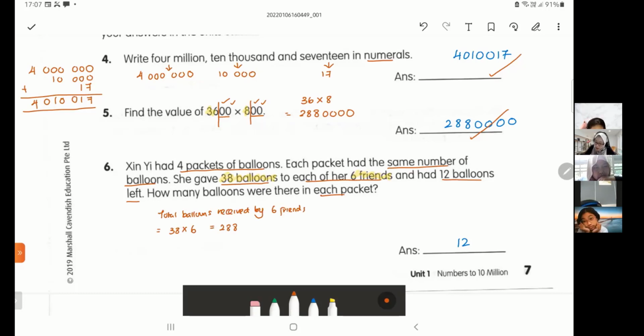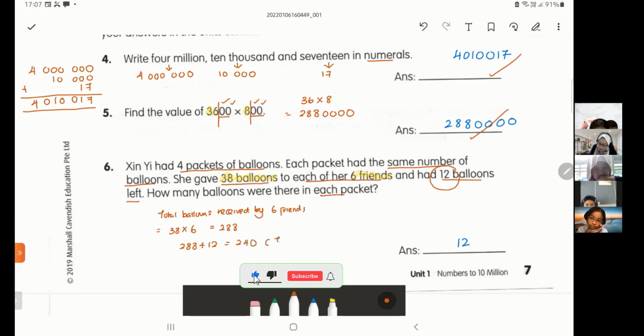Okay, but you have extra, right? Extra 12. So what do we do? The total number of balloons is 288 plus 12 equals 300. This is my total balloons.